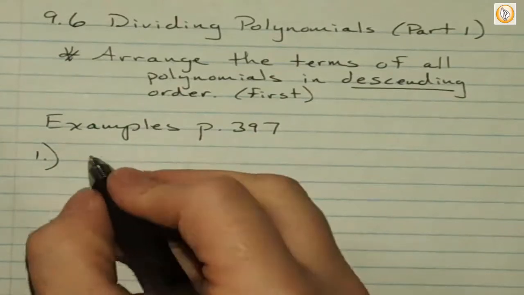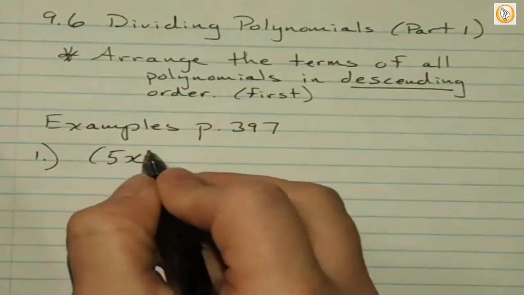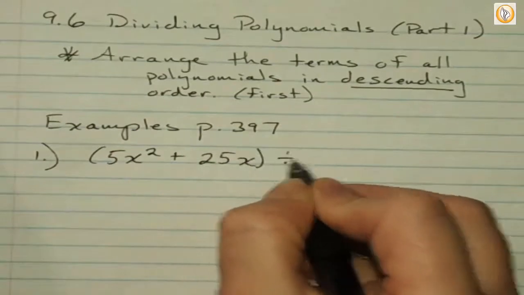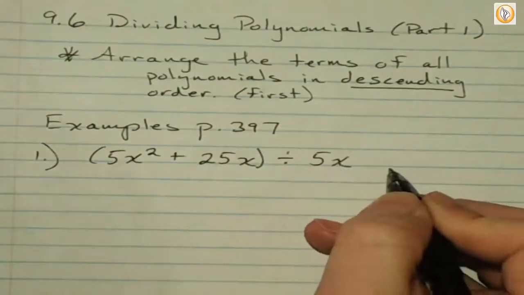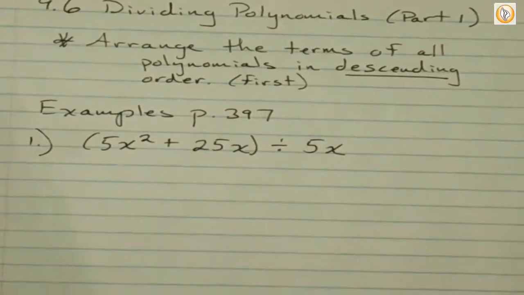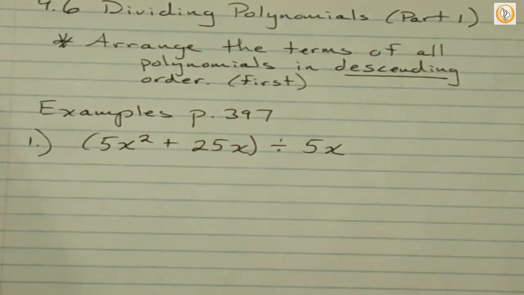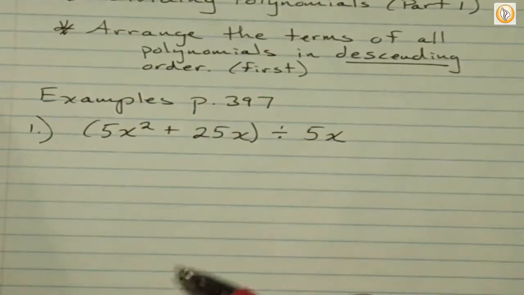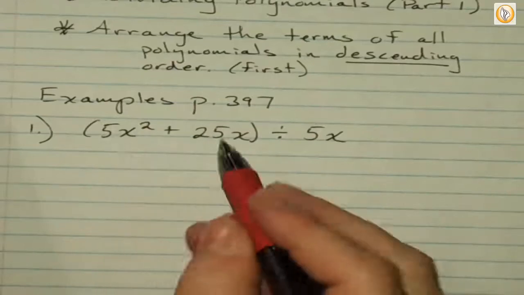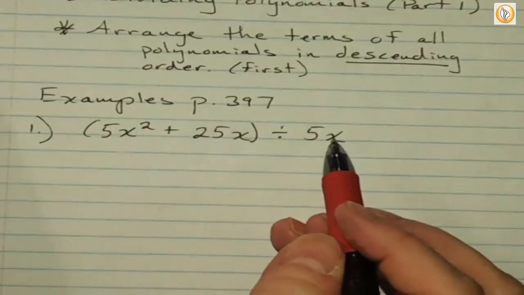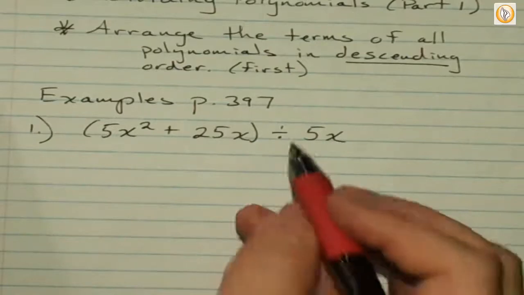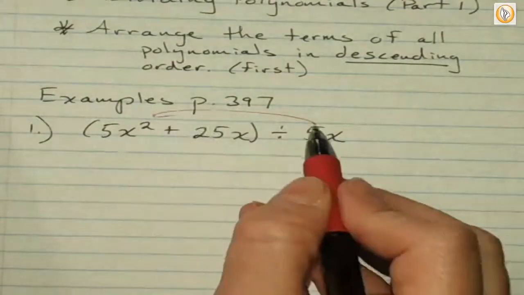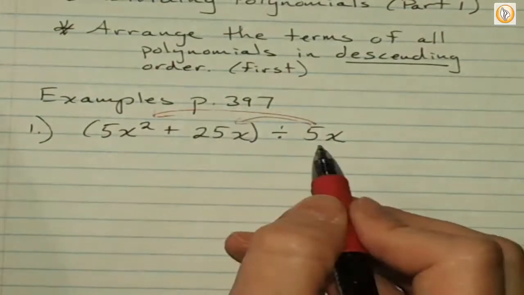Let's look at number 1. They have 5x squared plus 25x divided by 5x. I'm going to show you how to do this. Basically, it's this whole polynomial divided by this. In a way it's kind of like the distributive property, where we're dividing everything by that.